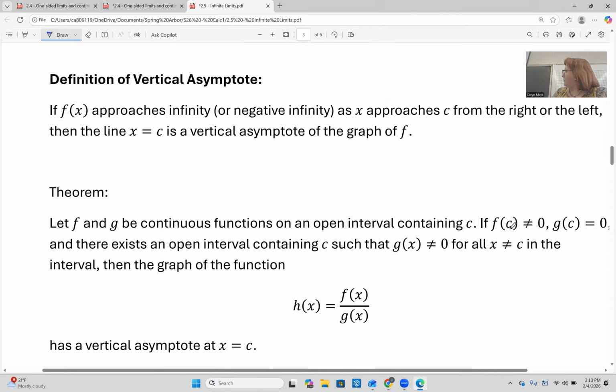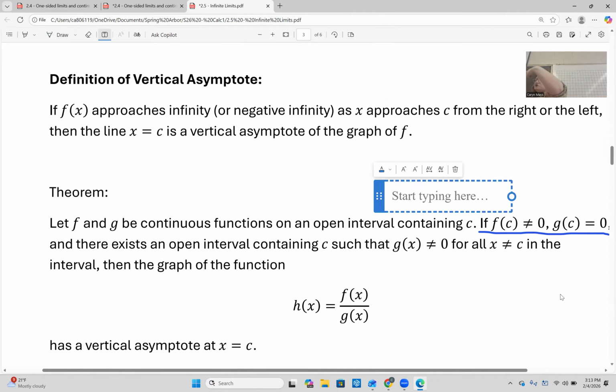What I want to note is this line. This line is the two things we were checking with all of those limits. That statement is saying that point c is a non-removable discontinuity.